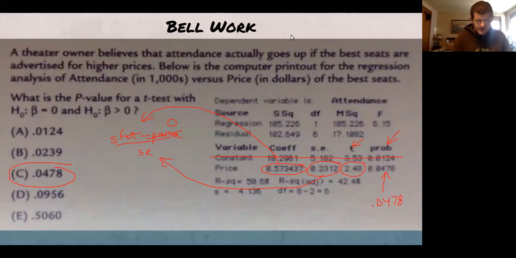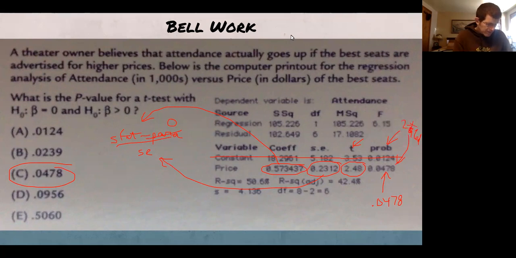I did mention that p-values from technology are always calculated as a two-tailed test. So this right here is two-tailed.